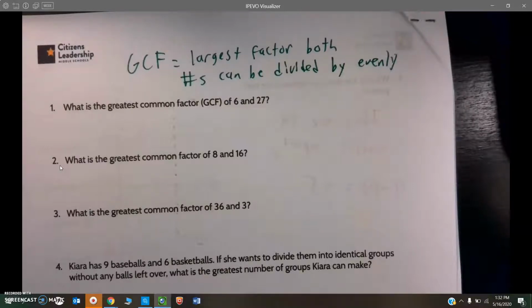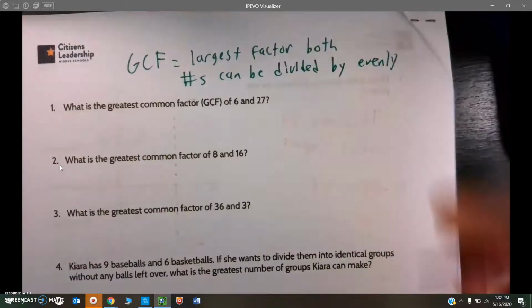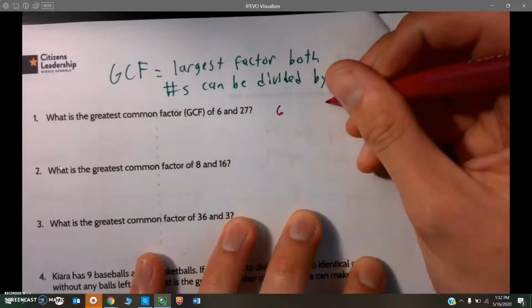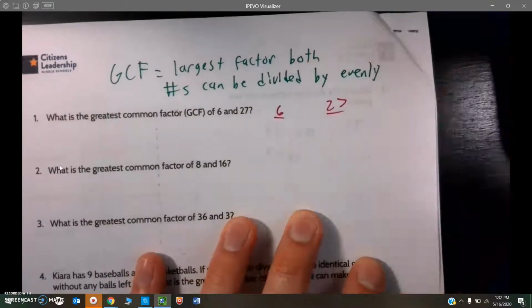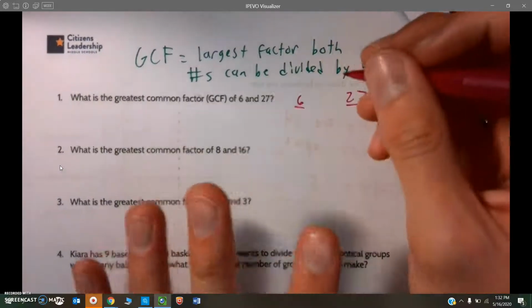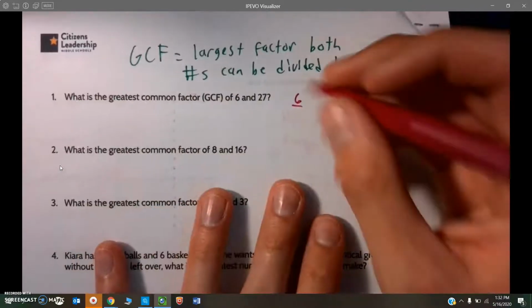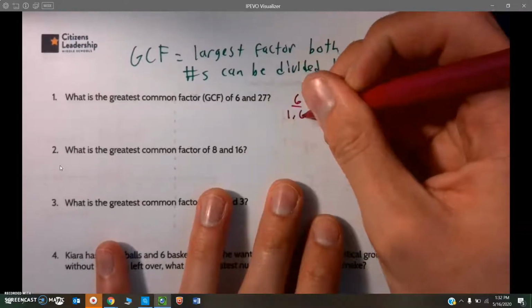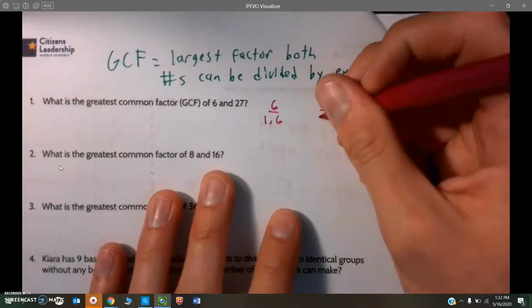So a really common way to find the GCF is to write both of your numbers and then write all of the factor pairs. So I always think it's best to start with 1 times that number. That's a really easy factor pair.